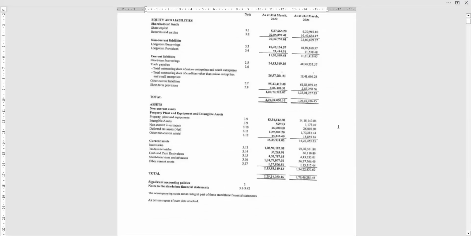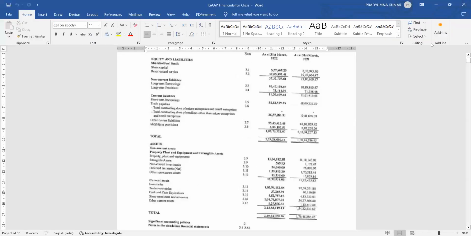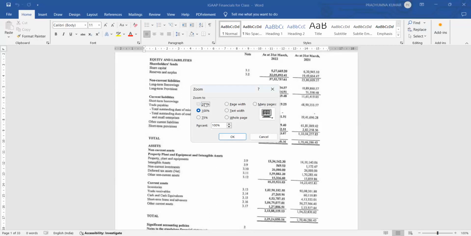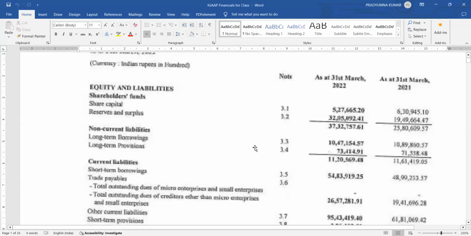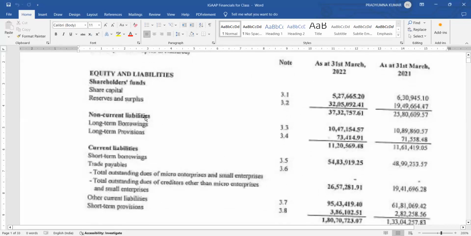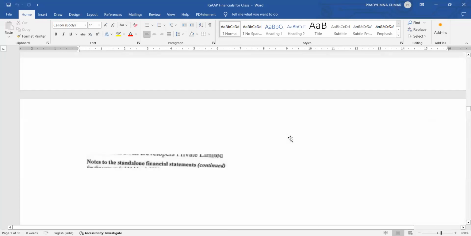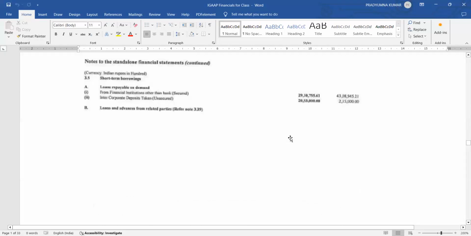Here you see non-current liabilities. They have given long-term borrowings and long-term provisions. They have given two schedules, 3.3 and 3.4. So I will just go to 3.3 and 3.4.